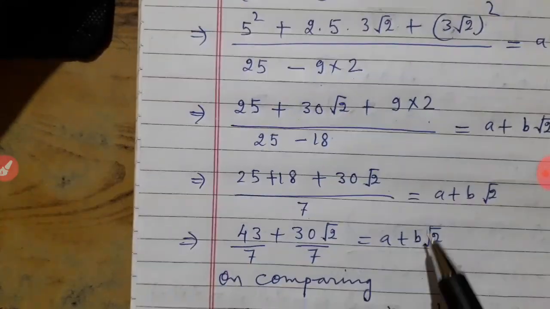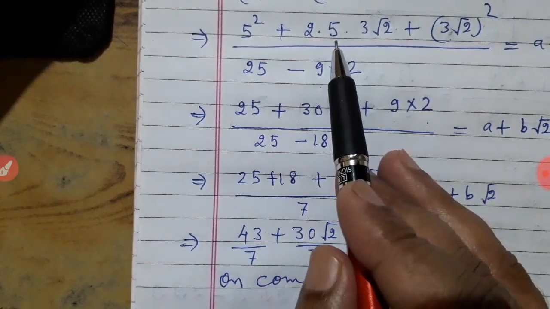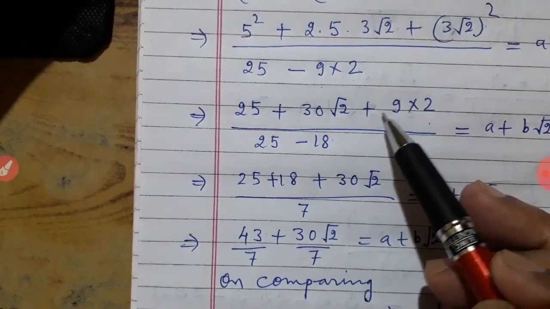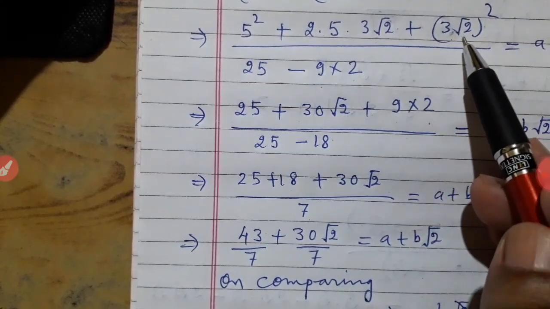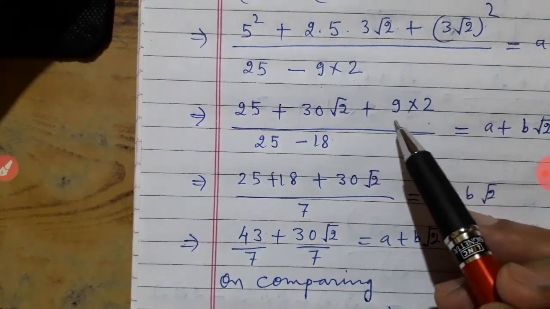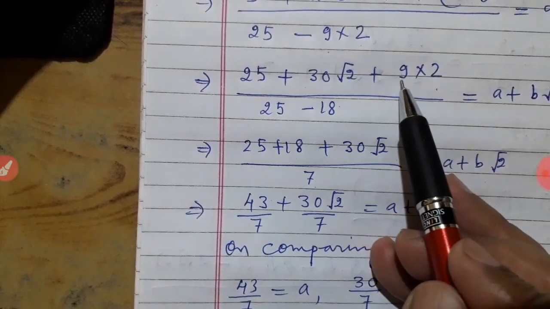Then 5 square will become 25, and 2 5 is 10, 10 3 is 30, and then root 2, plus 3 3 is 9 and root 2 square will become only 2. So we get here 25, and then 9 2 is 18.